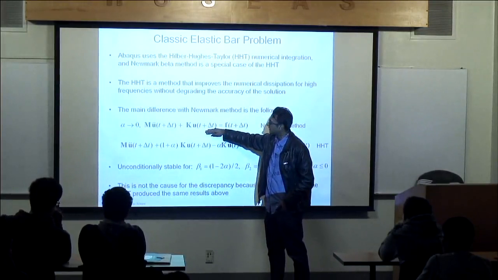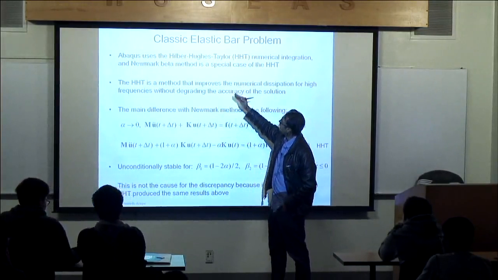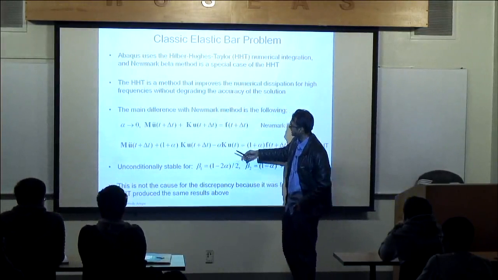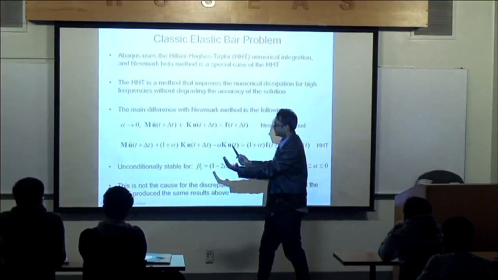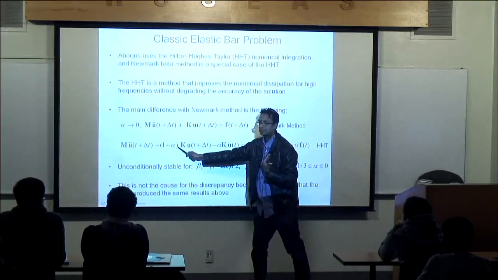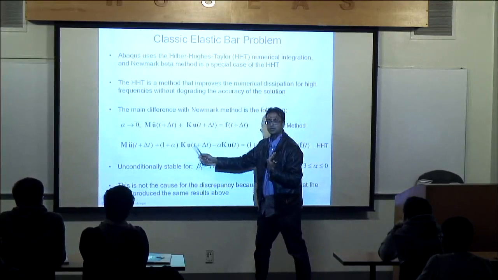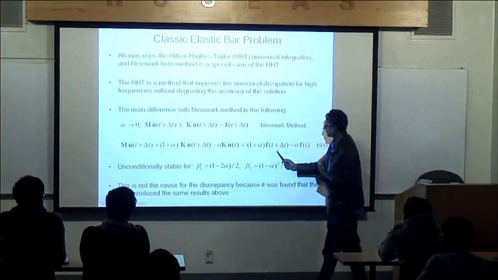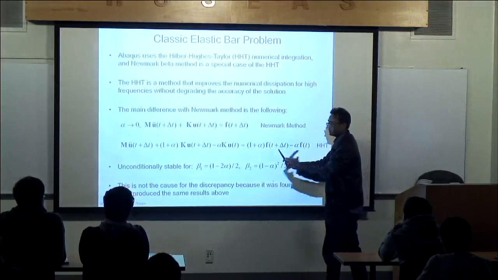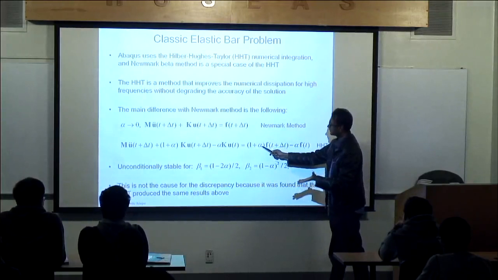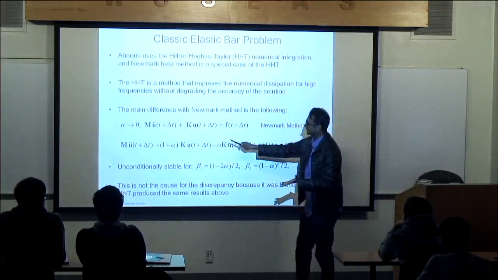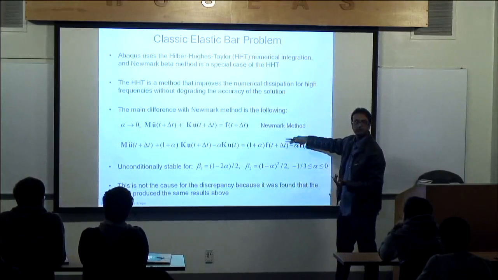Well, with HHT, all they're saying is the stiffness is interpolated between the future and the present with this alpha. And then the force is interpolated between the future and the present with this alpha. So if I put alpha equals 0, you can see I get the Newmark method.